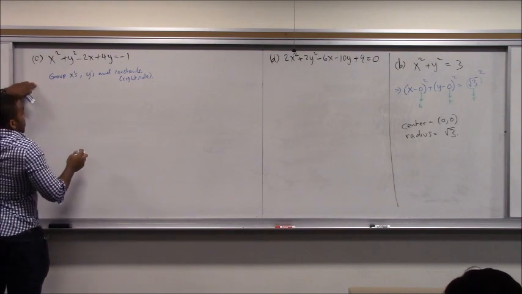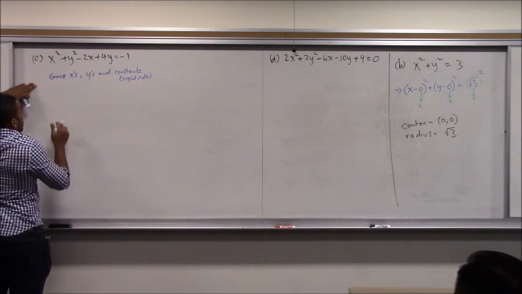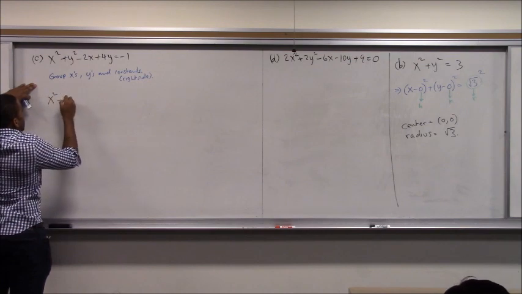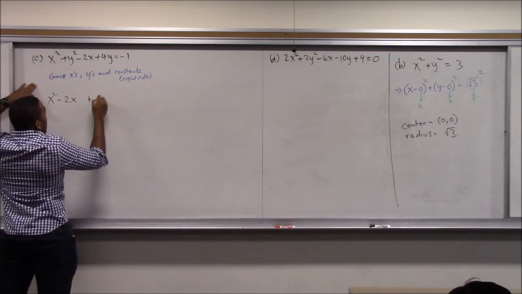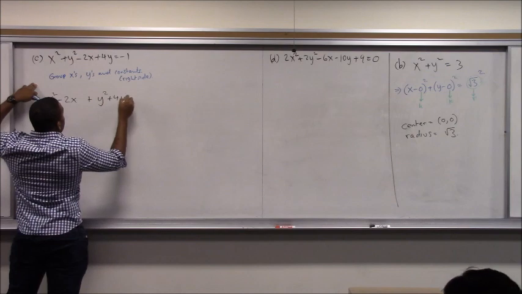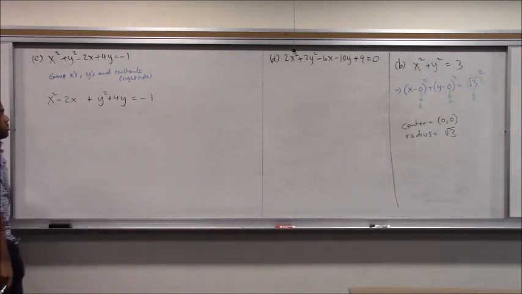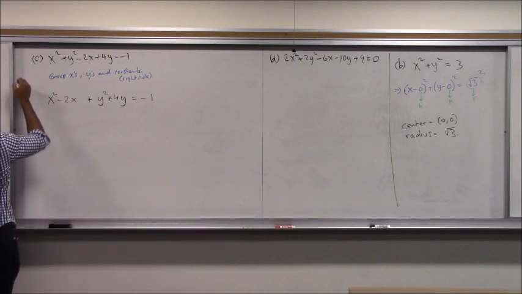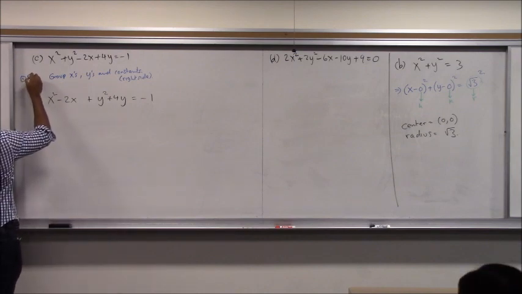So I'm not really doing any calculations right now, I'm just rearranging things. I'm going to put the x's beside each other, put the y's beside each other, and constants on the other side. So step one is to rearrange.